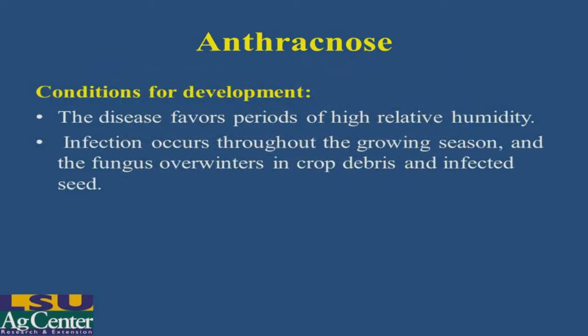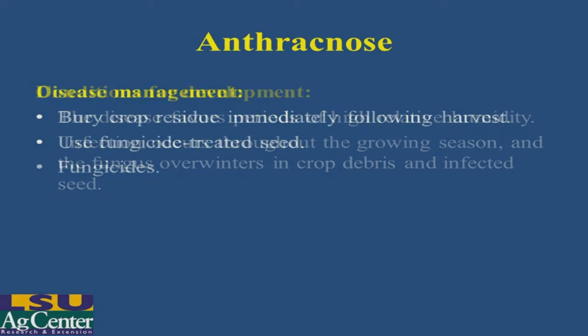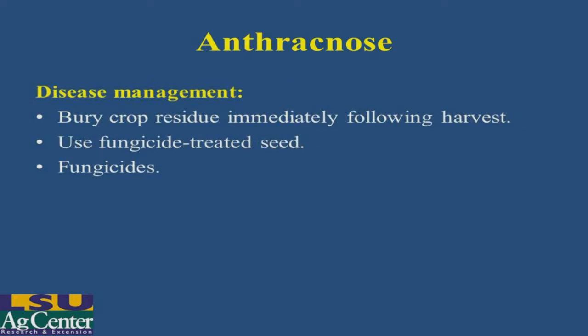As far as conditions for development, the disease favors periods of high relative humidity. That is very often the case late in the season in summers in Louisiana. Infection occurs throughout the growing season. The fungus overwinters in crop debris and infected seed, which brings us then to our disease management practices, where we need to, again, bury crop residue immediately after harvest.